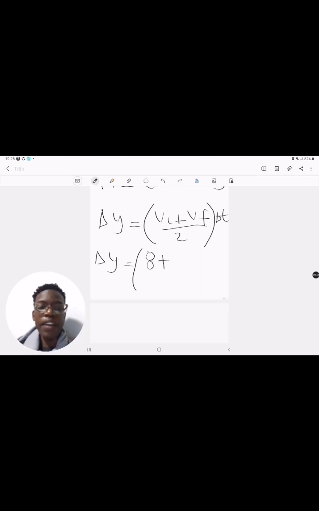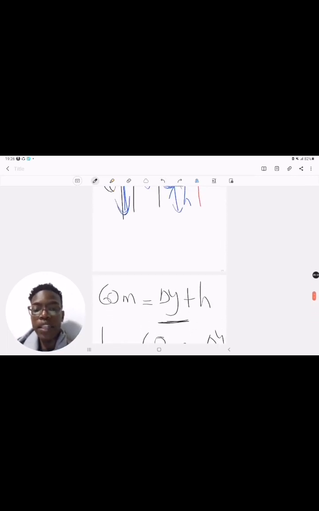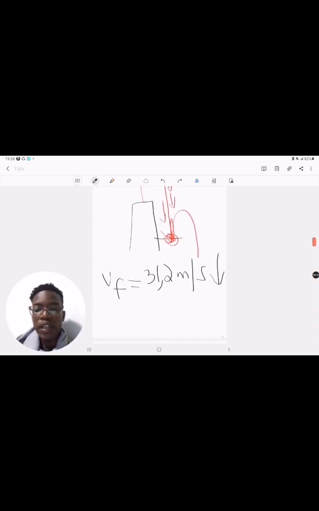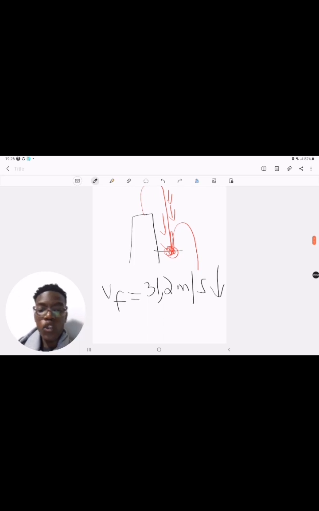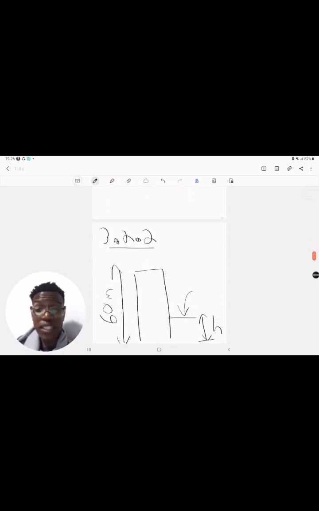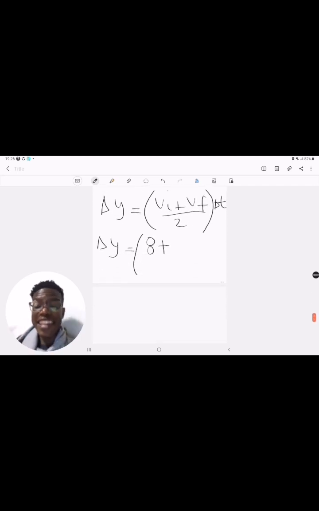Now, what is my final velocity? My final velocity just before the ball bounces off the balcony is, where did we calculate it? Is that, right? 31.2 meters per second downwards. Now, what must I do? Because now it's in the downwards direction. This velocity is in the downwards direction. How must I write it in my equation? As a negative, right?